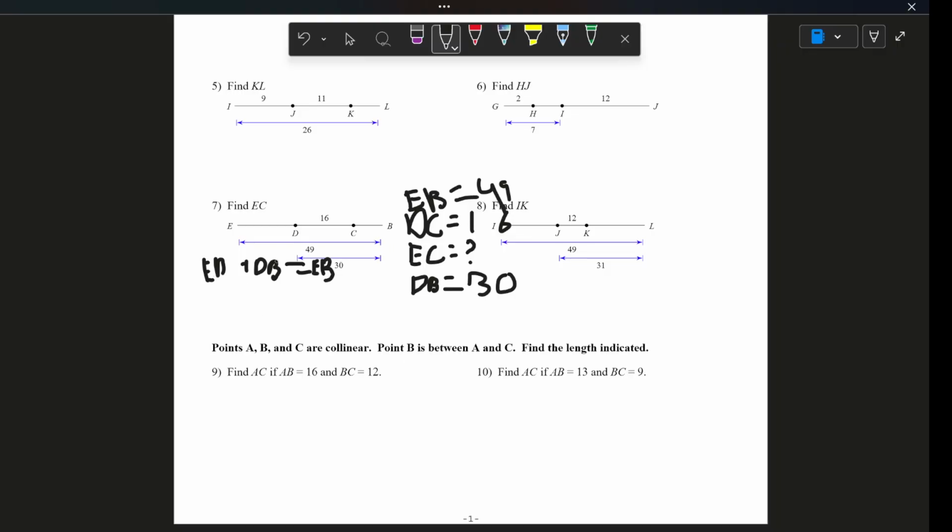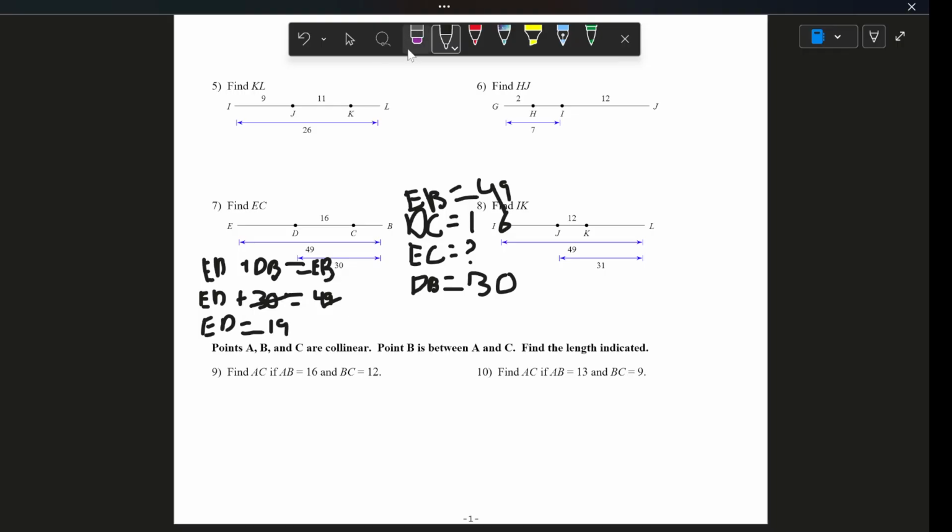So we want ED, but we know DB and we know EB. So we do ED plus 30 equals 49. Now what do you do here to get ED by itself? We subtract 30 on both sides, and then we get ED is equal to 19.